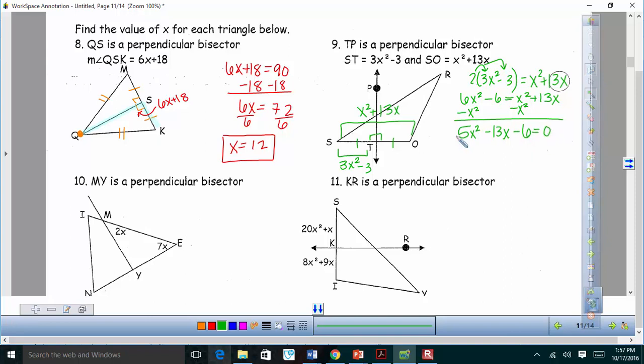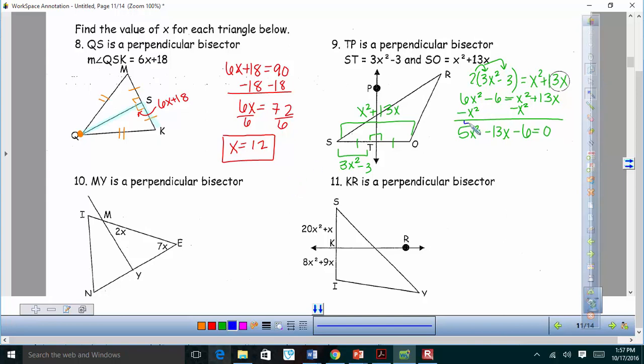Okay? So we have 1, 2, 3 terms, which means we are going to factor by trinomial, but this is not shortcut because we have a 5 here. So do y'all remember how to do this? Very good.